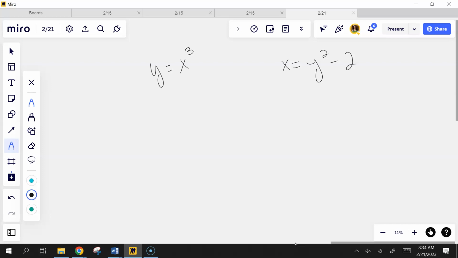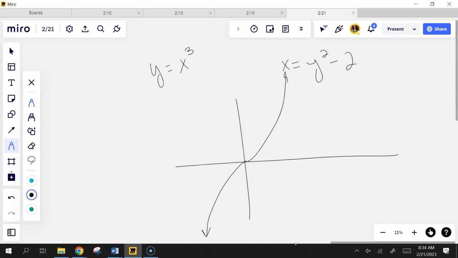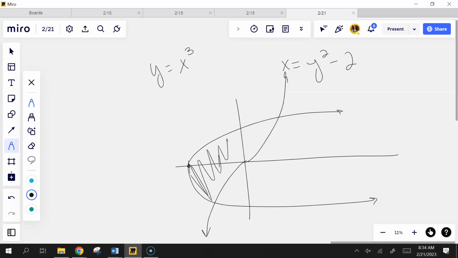Sometimes they look like, let me show you this one. If you were to graph these two, x cubed does this. And y squared minus 2, excuse me, is a parabola on its side. It ends up looking something like this. So I'm looking at this area. And I need to decide which one's easier.